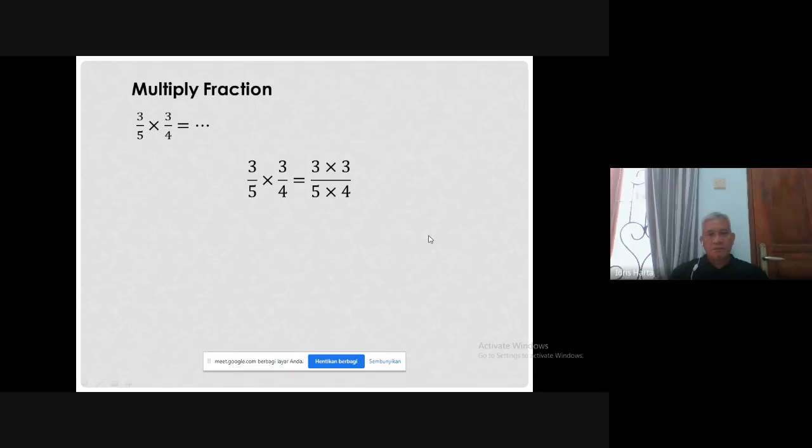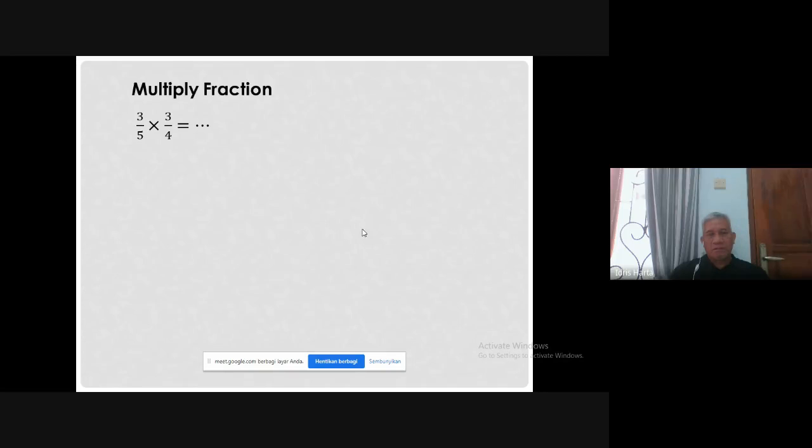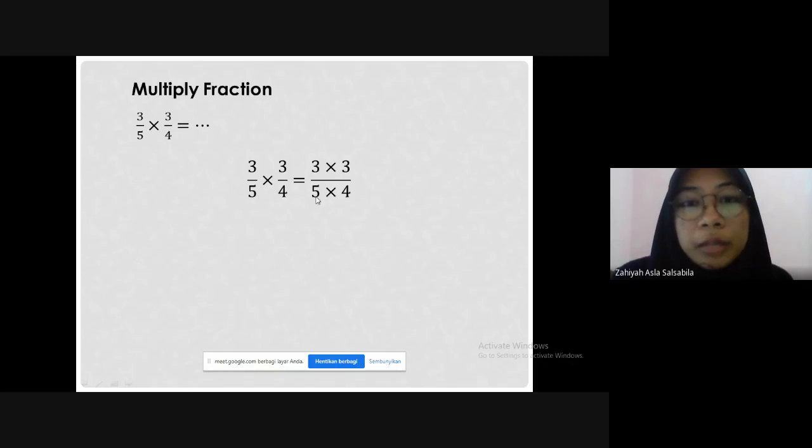Halo. Ya, ini Pak. Multiply fraction. 3/5 times 3/4 equals. We multiply the top number, called the numerator, and the bottom number, called the denominator.